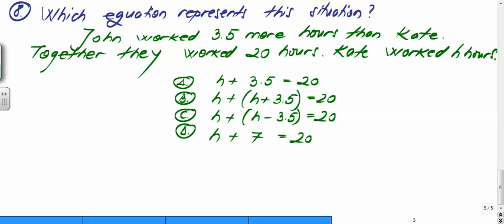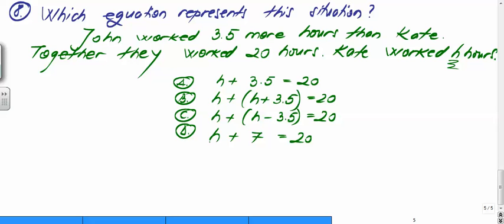Alright, the last problem for this short lesson is asking you to determine which equation represents this situation. John worked 3.5 more hours than Kate. Together they worked 20 hours. Kate worked h hours.